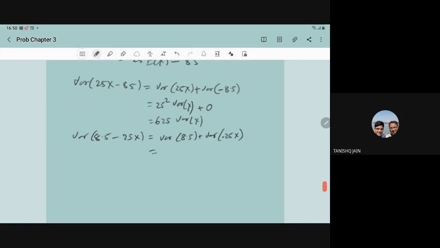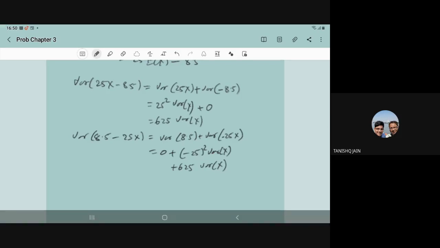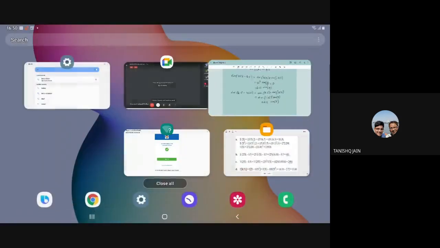It is equal to 0 plus (minus 25) square variance of x, that is 625 variance of x. Variance can never be negative, right? Variance can never be negative.